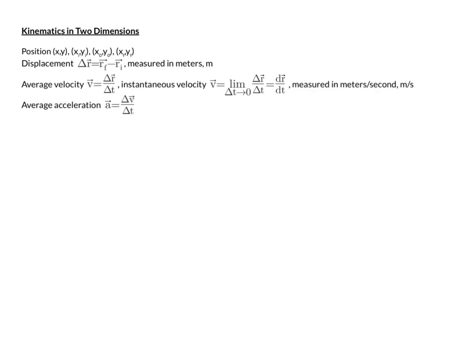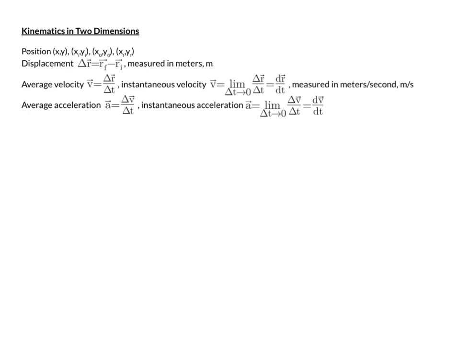Average acceleration is delta v over delta t, and of course acceleration now can have an x component and a y component, so that's delta vx plus delta vy over delta t. So we have to keep in mind that these vectors all have x and y components.